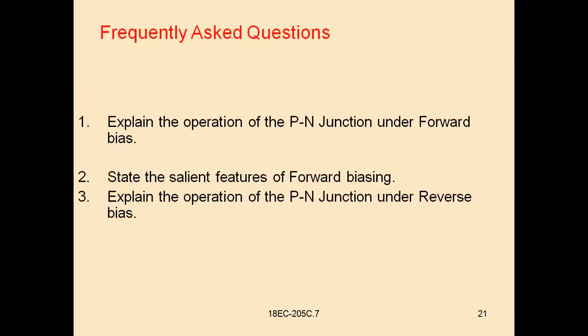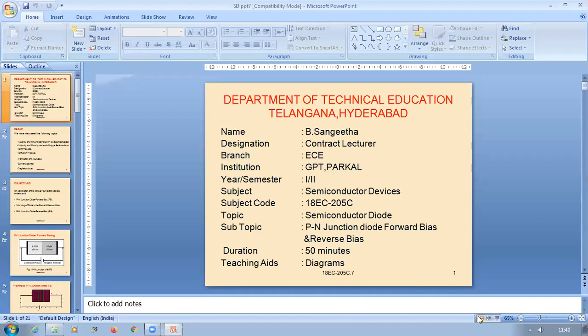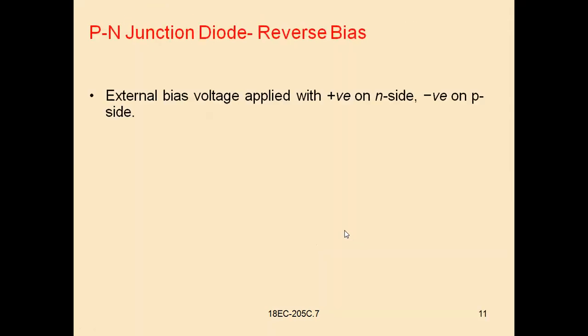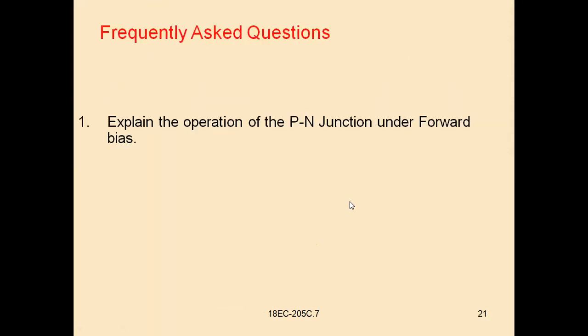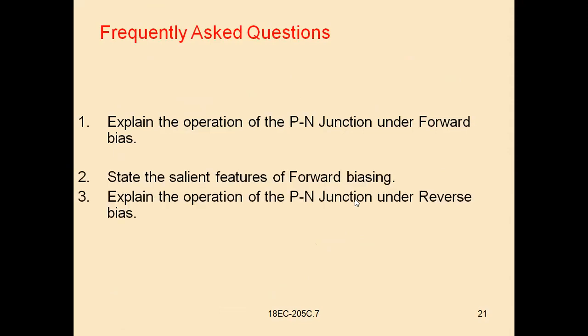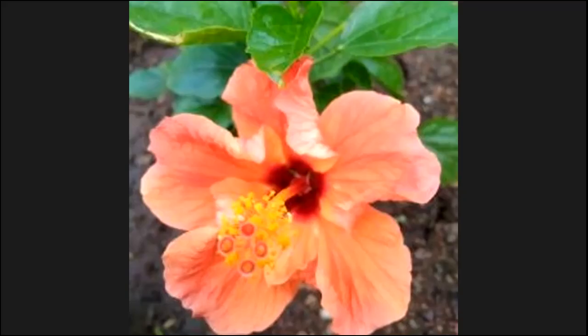So the frequently asked questions are: explain the operation of PN junction under forward bias condition, state the salient features of forward biasing, and also explain the operation of PN junction under reverse bias condition. Okay. So with this, I will stop here and I will share a new slide.